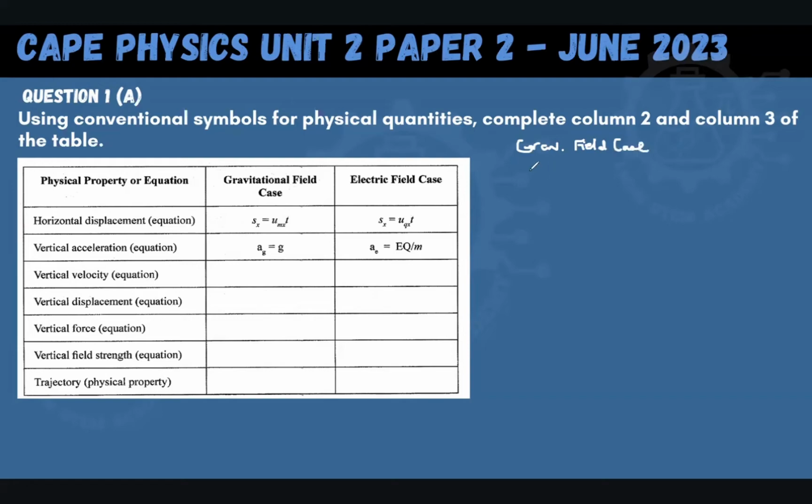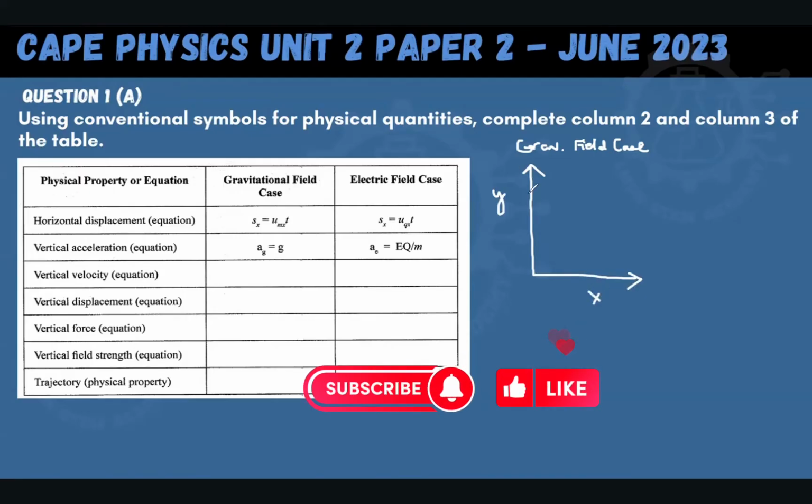In the gravitational field case, this is what we're working with. So here is my Y, my vertical direction, and here is my horizontal direction, right? So the mass is being projected horizontally, right? And so it's in a gravitational field.